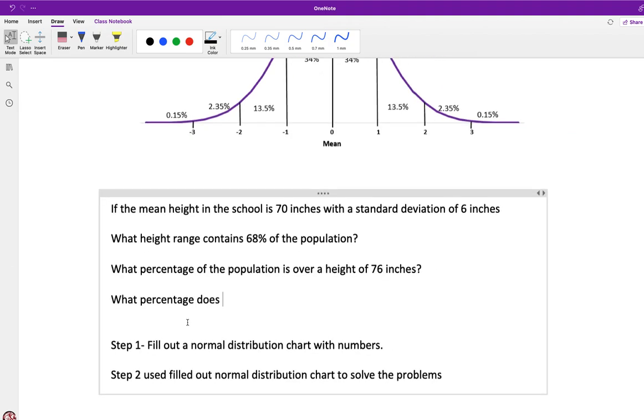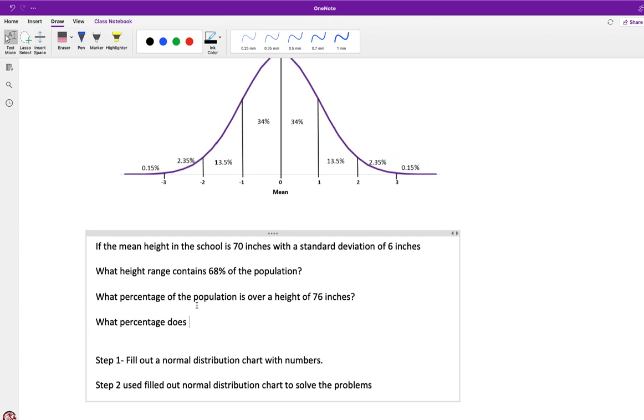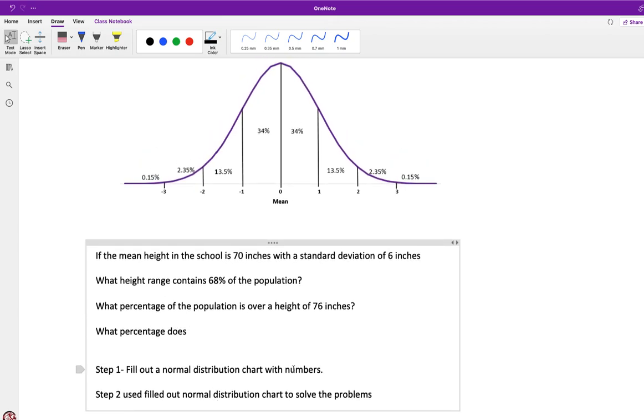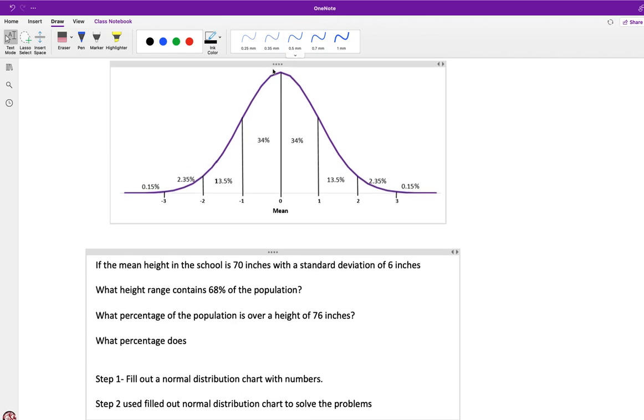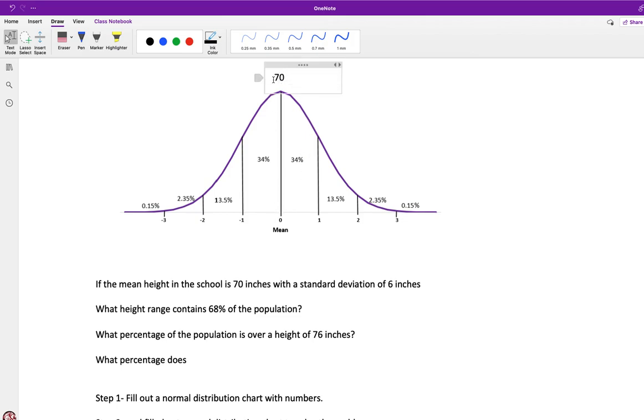So the first step is to fill out your normal distribution chart with the numbers. What do we know? Well, we know that the mean is 70, so 70 is going to go right in the middle. And our standard deviation is 6.